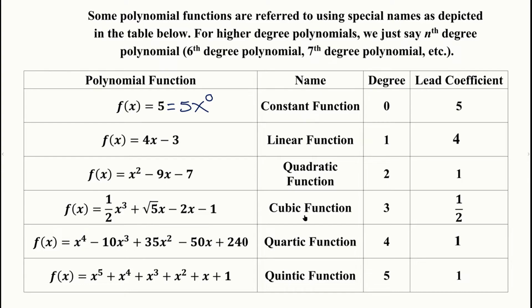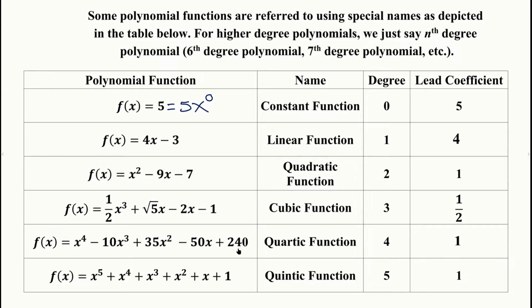For the next one, we have a cubic function, which is basically a third degree polynomial, and the lead coefficient is obviously 1/2. Notice that we have written all these polynomials in descending order of powers. This polynomial has 1, 2, 3, 4 terms, etc. So the lead coefficient is the coefficient of the highest power, which is x cubed, so it's 1/2.